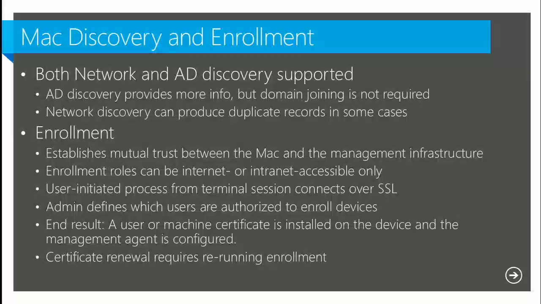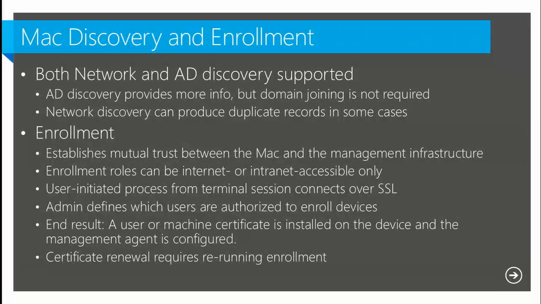So for discovery and enrollment, as I had already mentioned, we support both discovery of Macs from either our network discovery method or leveraging our Active Directory system discovery methods. We are able to get richer data from Active Directory discovery. There's more data available to us.